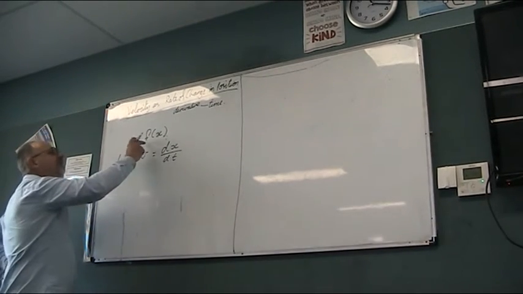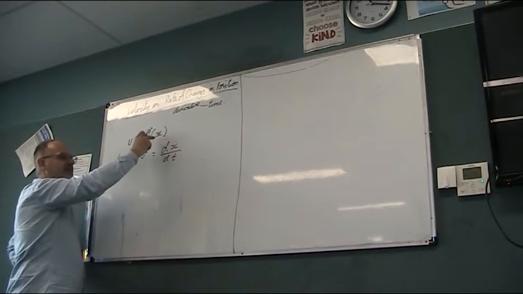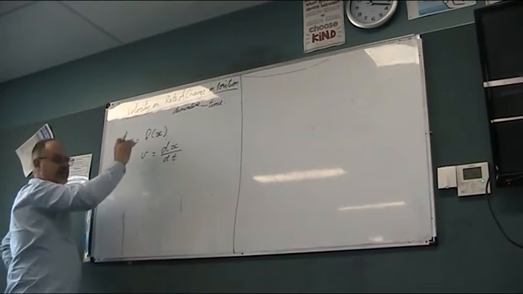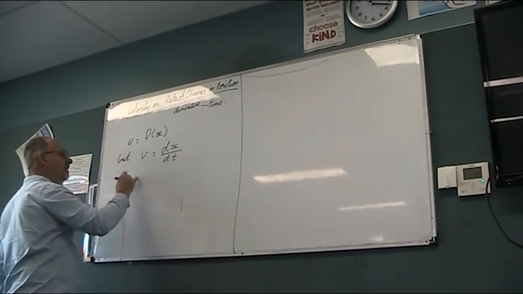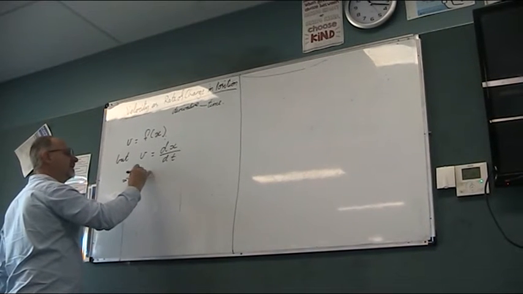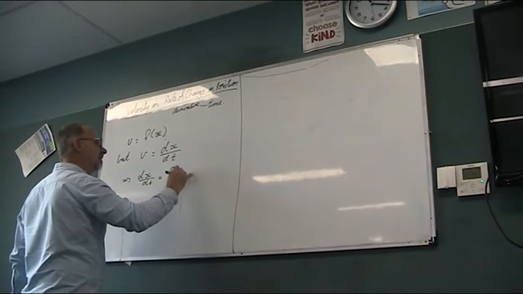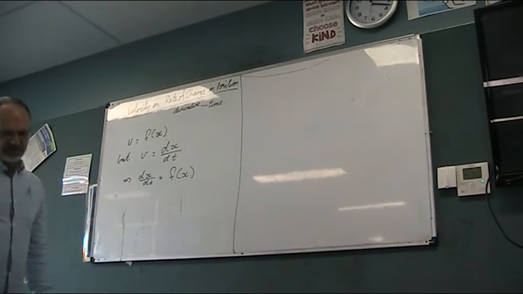And if we've got velocity written as a function in terms of position rather than time, these two things need to be the same. And so what that means then is dx/dt is a velocity function in terms of position.